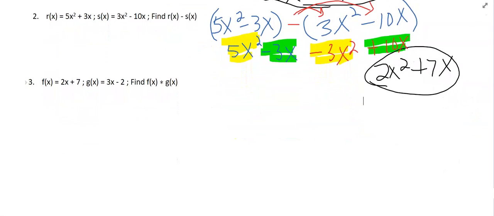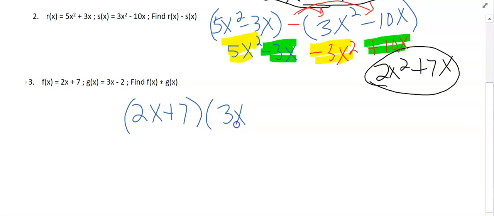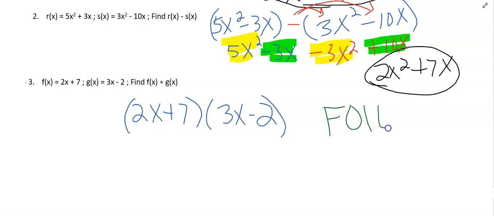So in multiplication, I need to set up f of x, which is 2x plus 7, and multiply that by g of x, which is 3x minus 2. So notice I have two binomials being multiplied. At this point, I should be thinking about FOIL or the distributive property.